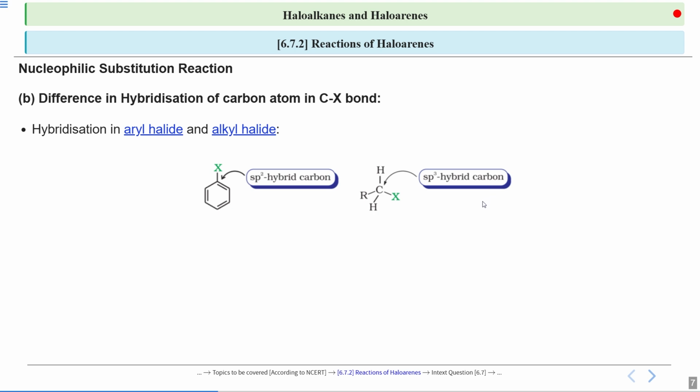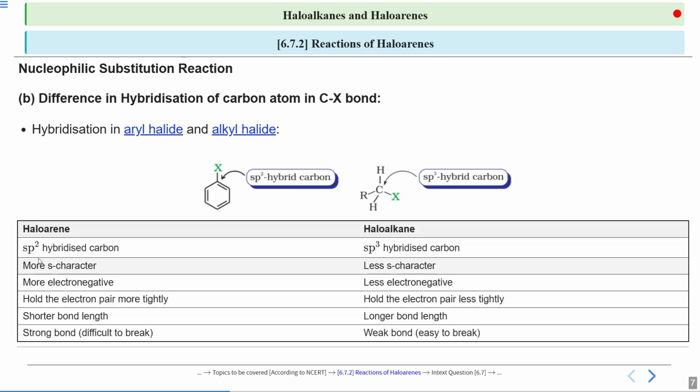Okay, so what will happen? An sp2 hybrid carbon has more s character compared to sp3, right? So s character is more in sp2, due to which there is more electronegativity, and due to which the electron pair of the carbon halogen bond is held more tightly as compared to the alkyl halides, right?